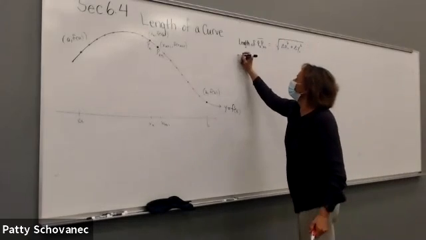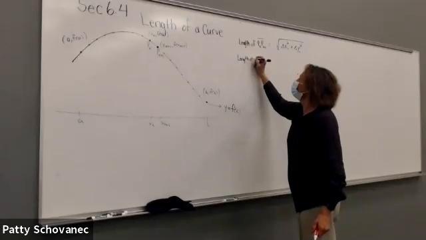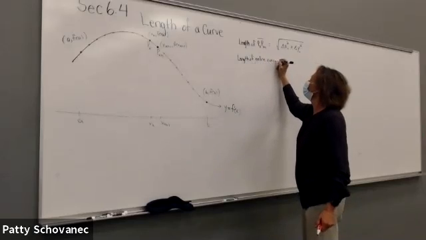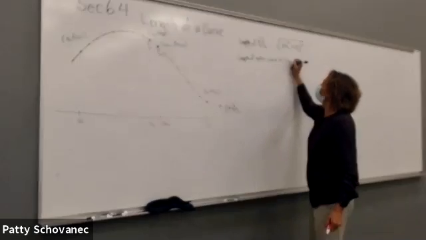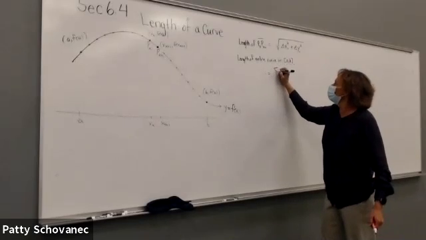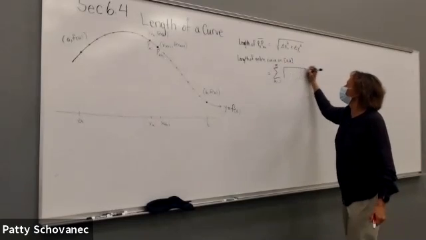Then to get the arc length, the length of the entire curve on that interval from A to B is an infinite sum of these, from k is equal to 1 to infinity of things that look like that.